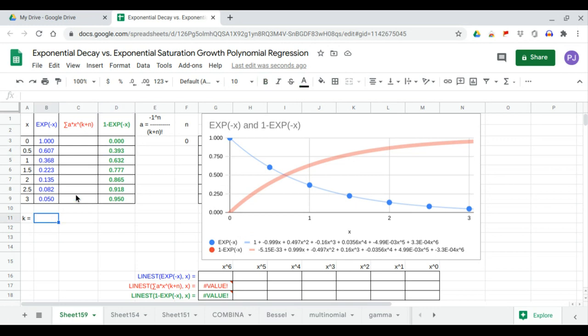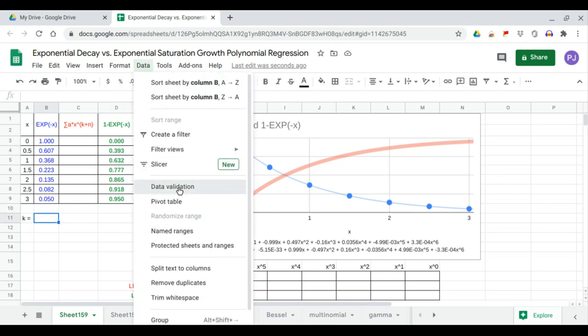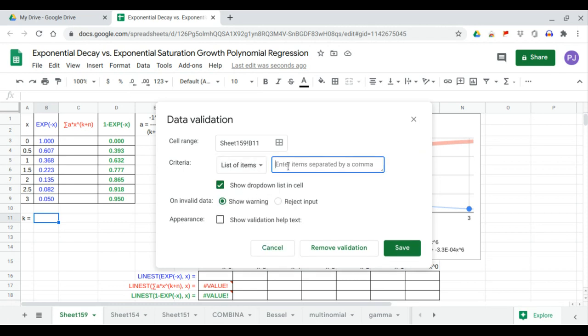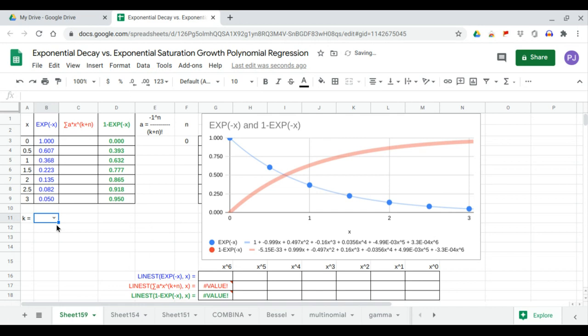The value of k is data validation, a list of items 0 and 1: 0 if it is decay, 1 if it is saturation. And the value of n is from 0 to infinity. So we start from 0, 1, 2, up to infinity. Well, 10 is good enough.